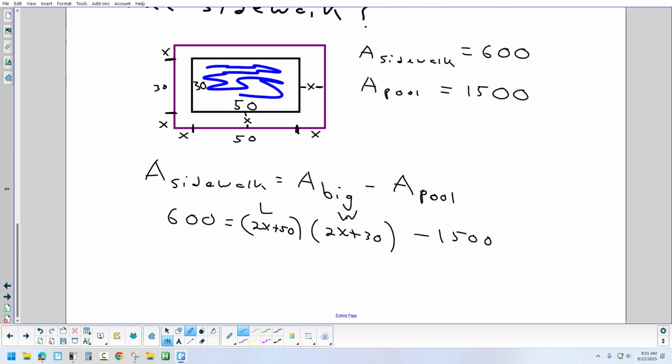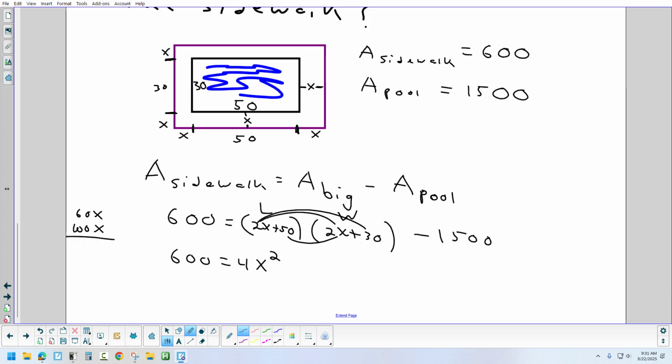Okay. Now this is something we saw earlier where you have to distribute. So we'll distribute that. 2x times 2x gives me 4x squared. What's 2x times 30? 60x. I'm just going to put that off to the side for a second. What's 2x times 50? 100x.